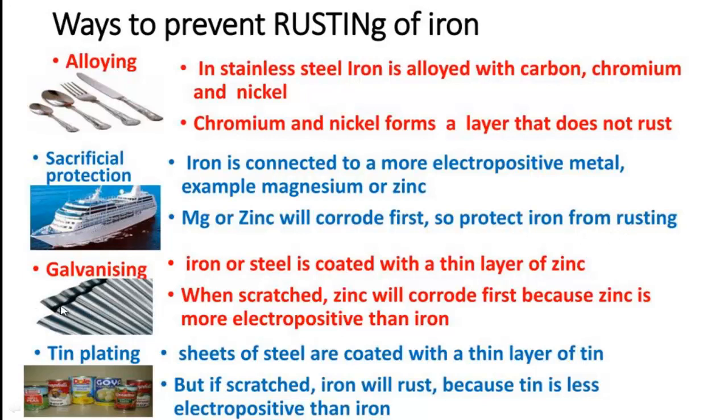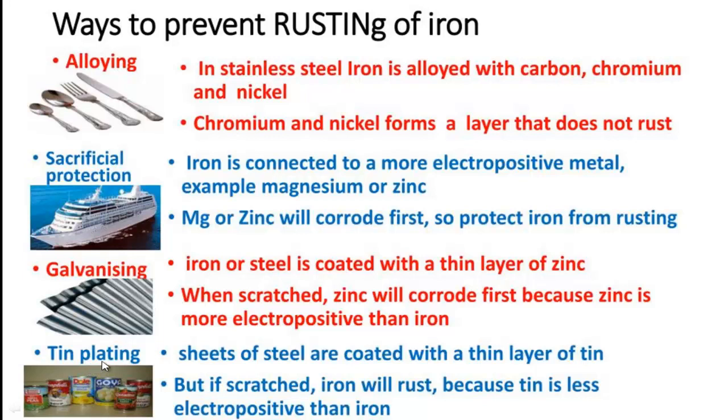Now galvanizing, that means this process is called galvanizing. Now tin plating: when iron or steel is coated with a thin layer of zinc, that is called galvanizing. And when iron substance is coated with a thin layer of tin, that is called tin plating.